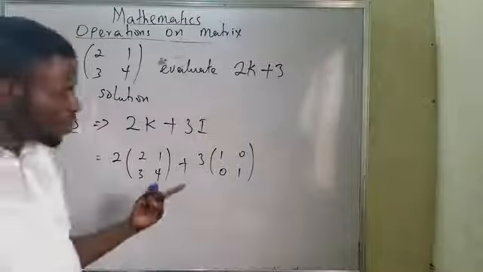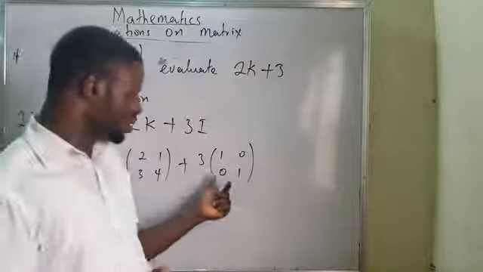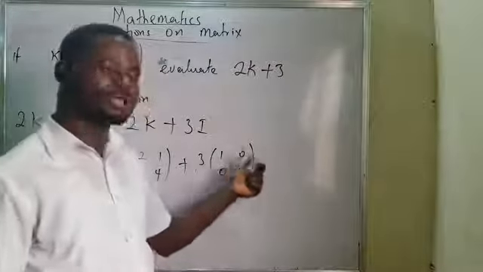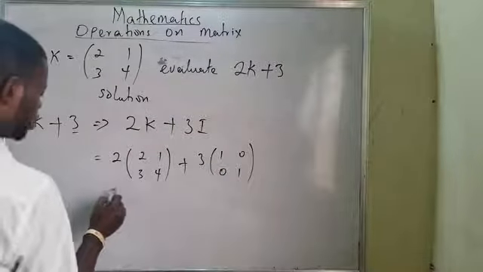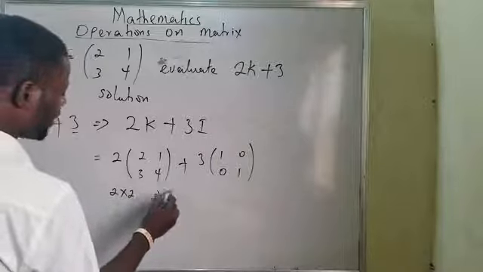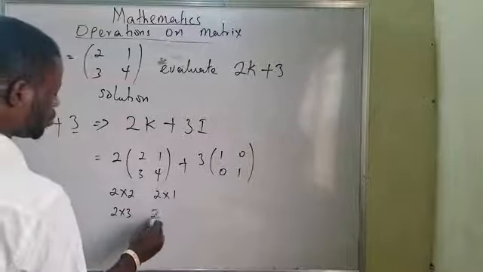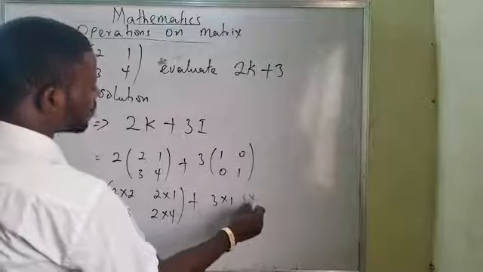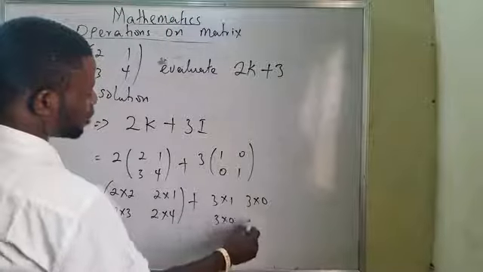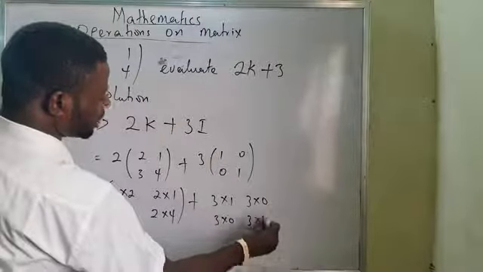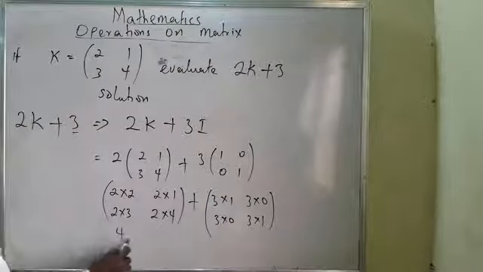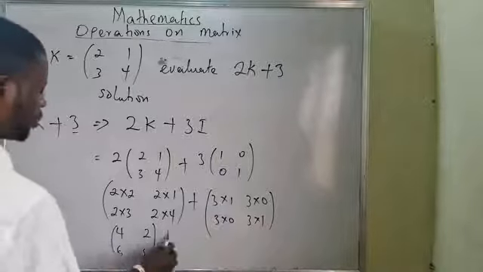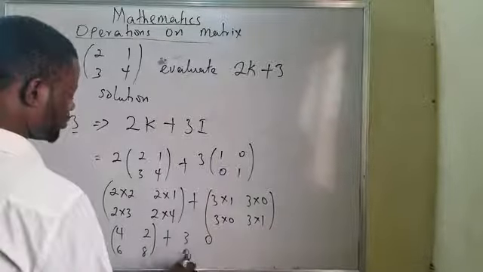Now, I've told you in my previous video that for identity, the principal diagonal must be all 1, and the rest 0. So I'll be having 2 multiplied by 2, 2 multiplied by 1, 2 multiplied by 3, 2 multiplied by 4, plus 3 multiplied by 1, 3 multiplied by 0, 3 multiplied by 0, 3 multiplied by 1, which will be equal to 4, 2, 6, 8, plus 3, 0, 0, 3.